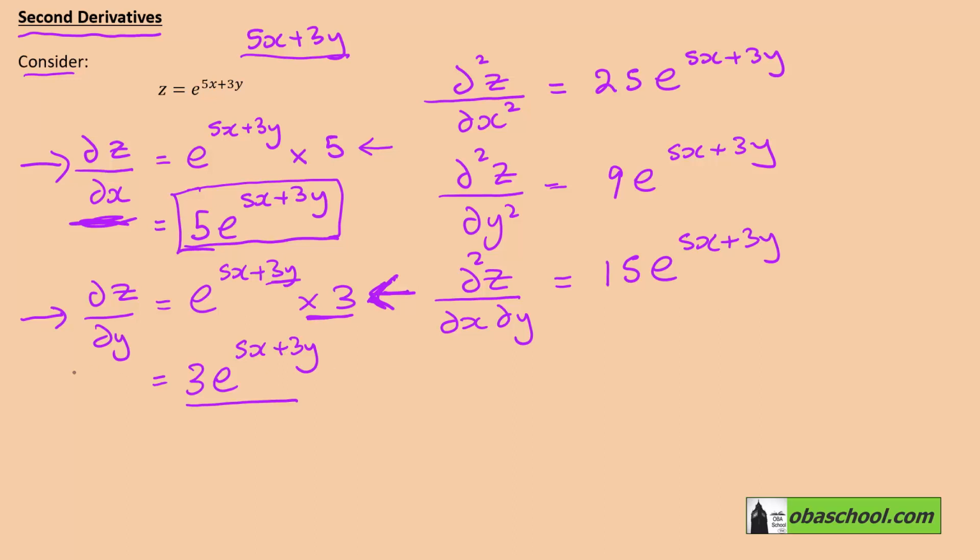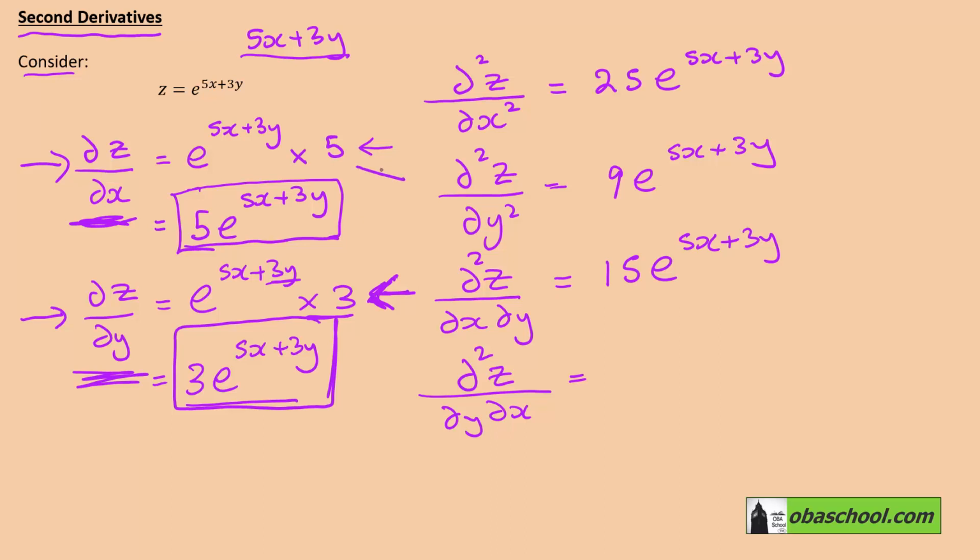Now let's differentiate this one, but with respect to x, which is d2z dy dx. So we're starting here and differentiating like this. So this time it would be times 5 comes out, and we'd get 15 e to the 5x plus 3y.